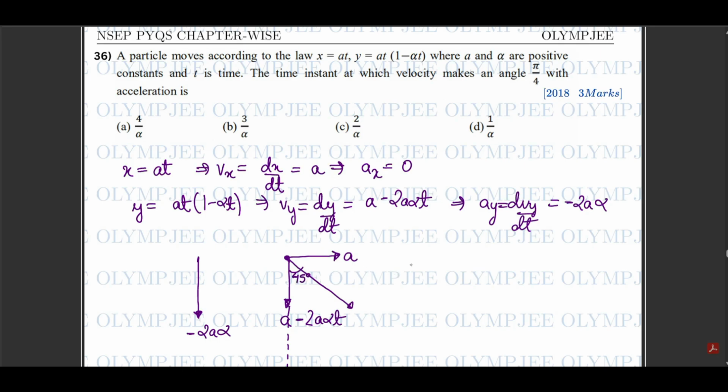That means that since this angle is also 45, perpendicular by base is equal to tan 45 is equal to 1. That means perpendicular is equal to base, and since the base is made by the x component of velocity and perpendicular is made by y component, then both the components should be equal.